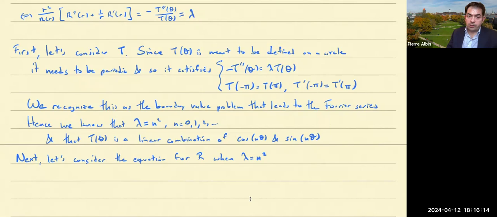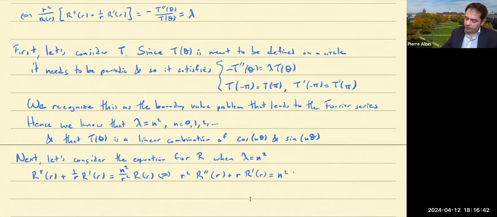And so for R, that means that R double prime of little r plus 1 over r R prime of r is equal to n squared divided by r squared, capital R of r. Or if I multiply through by little r squared, I get r squared big R double prime plus little r times big R prime is equal to n squared capital R.